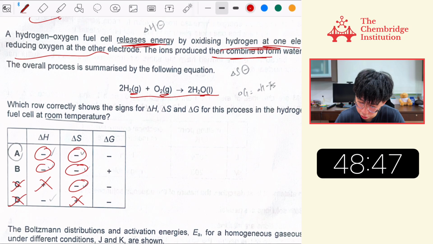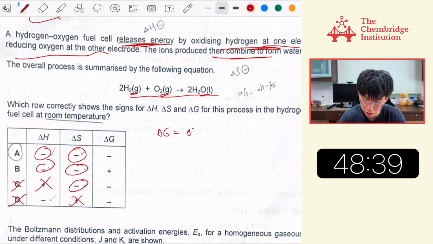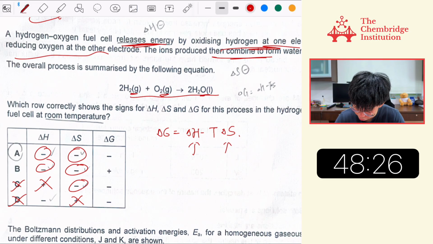And then for delta G, they say this is a fuel cell. You've got to know that delta G equals delta H minus T delta S. So if delta S is negative and delta H is negative, then it really depends at room temperature whether this is spontaneous or not.